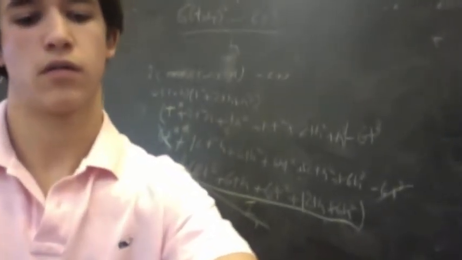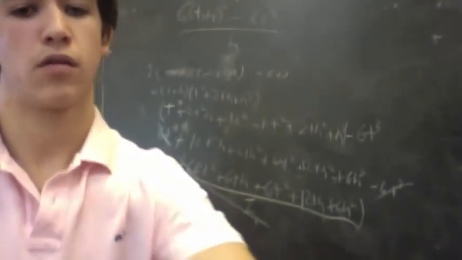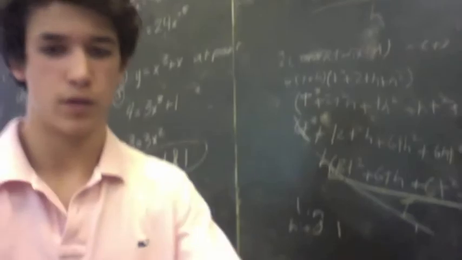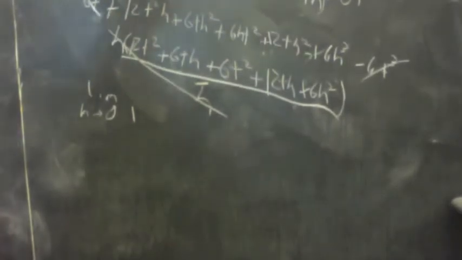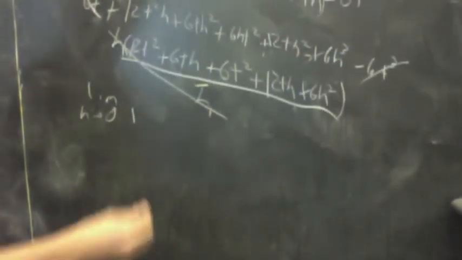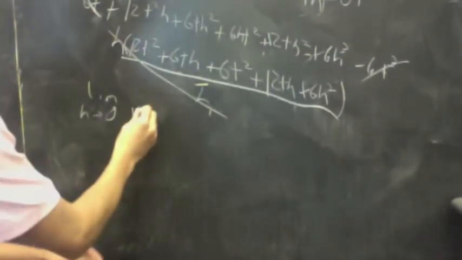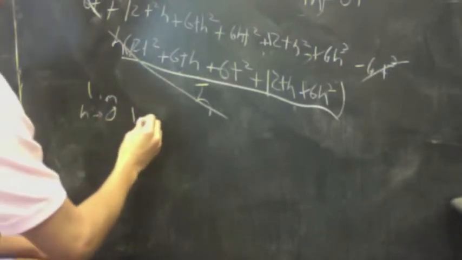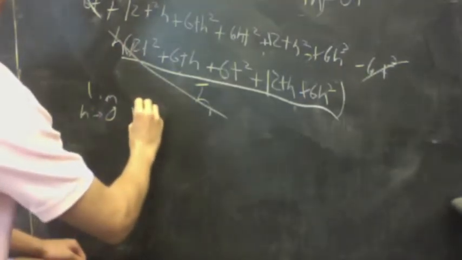If you approach from this side, you get one slope. If you approach from the other side, you get a different slope. Since it's different, that limit can't exist, because for a limit to exist, it's gotta be the same on both sides. So that's why at cusps and corners, that limit doesn't exist. Any more questions?